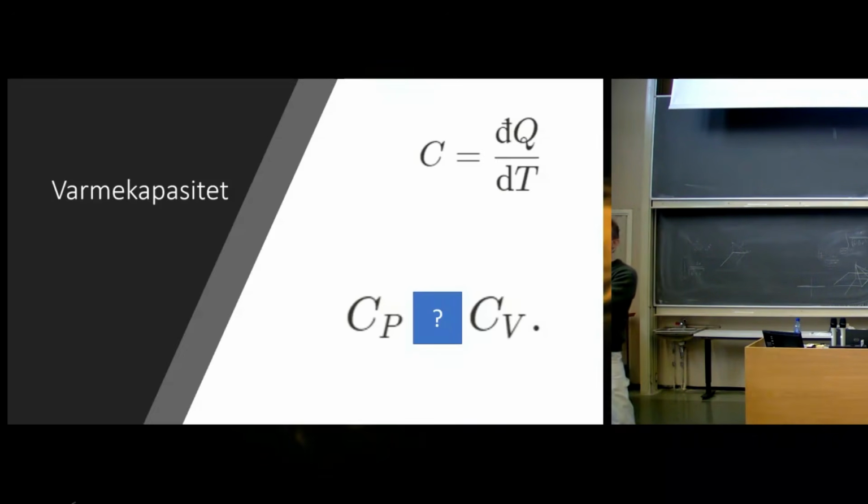Or I could put the gas in a balloon and add heat to it, in which case the balloon is going to expand. Different processes, which means that the question of how much the temperature rises if I add one unit of heat has to depend on the situation. Therefore, we operate with different heat capacities, one at constant pressure, that's the balloon example, and one at constant volume, that's the rigid box example.